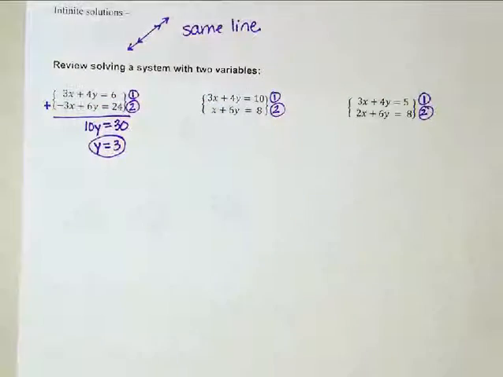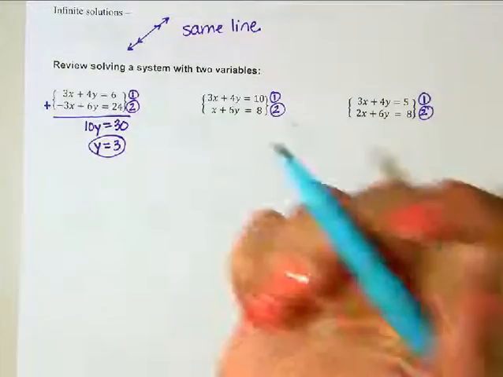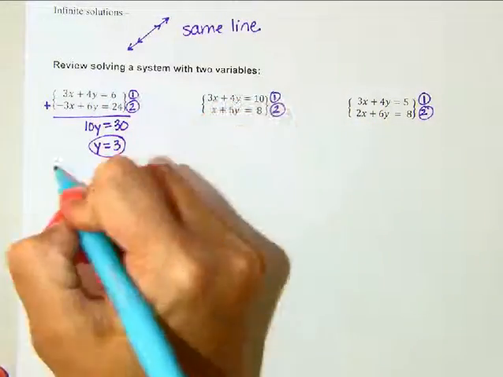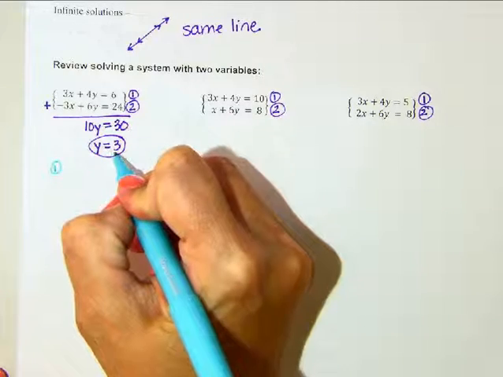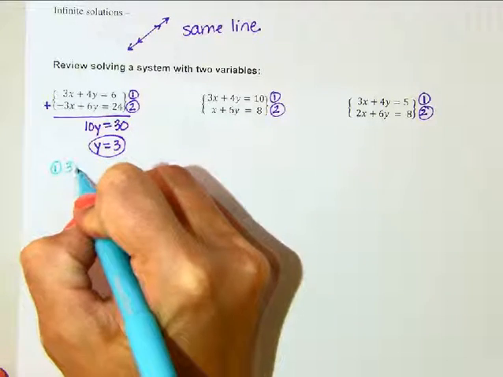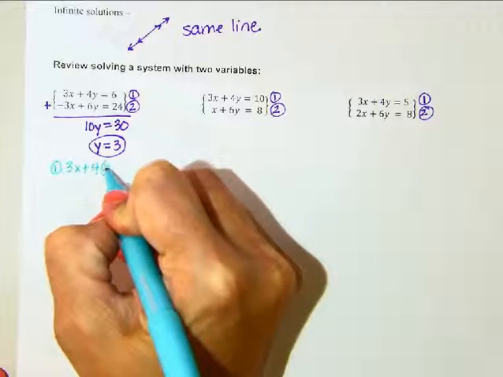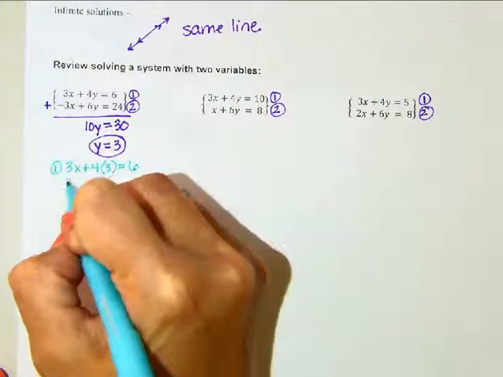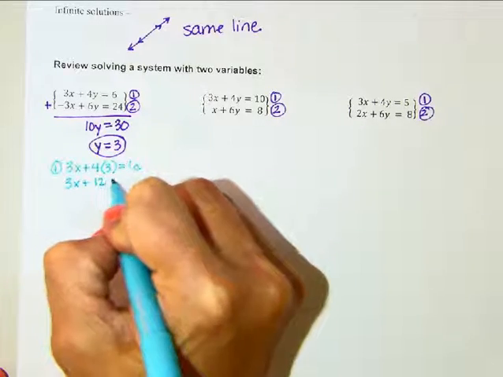Then I take one of the original equations. It doesn't matter which one. I usually pick the one with the smaller numbers, so I'm going to pick number 1 and plug in where I see y. So I have 3x plus 4 times 3 equals 6. Then 3x plus 12 equals 6.